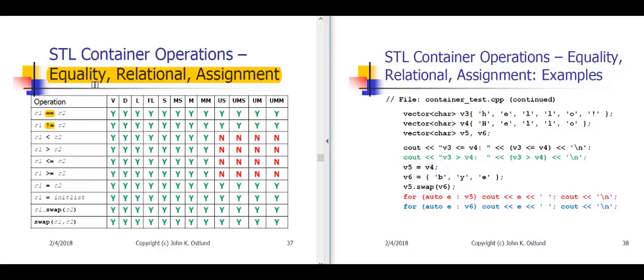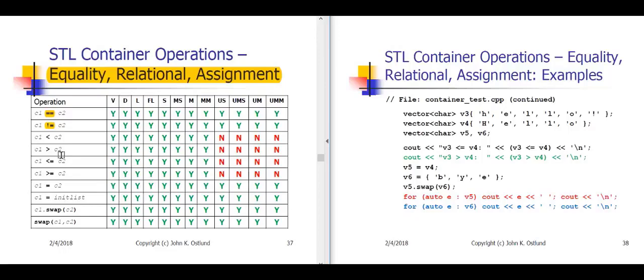That is, you can compare a vector of int to another vector of int. You can compare a forward list of char to another forward list of char. You can compare an unordered map from string to double to another unordered map from string to double, etc.